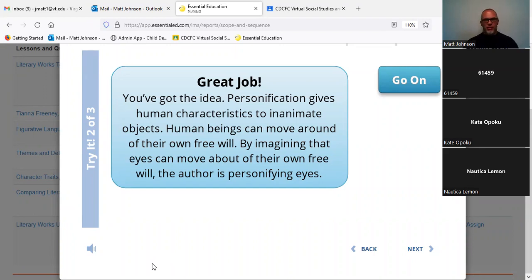Yeah, and personification is very common, and it's just really rolled into a lot of what we read. Particularly like they mentioned, using words like the leaves danced or the tree reaches. Just step back and think about, can those objects really do those things? No, because they're not people.